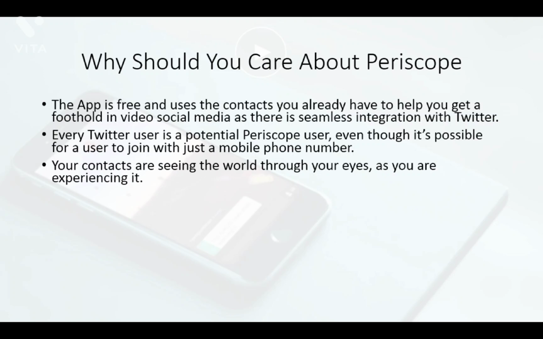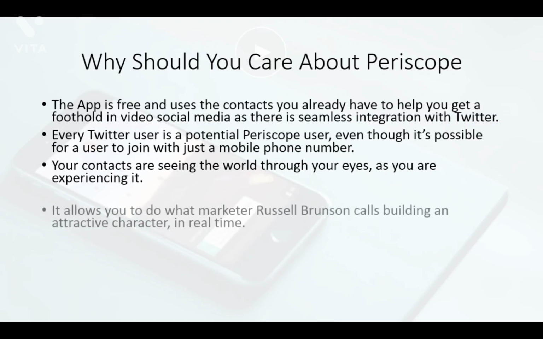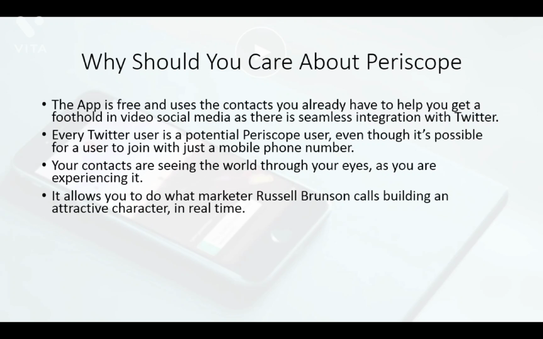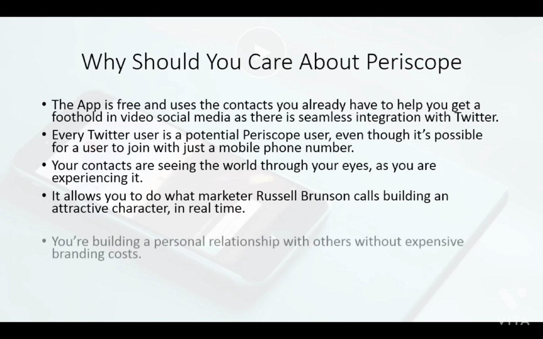Of course, they'll be able to see a recording, but those who connect with you live can see the world as you're seeing it. It really allows what marketer Russell Brunson calls building an attractive character in real time. So in other words, people are going to become familiar with your life as you're experiencing it, not as you email it to them, not as you tell them about it. They'll be able to see it as you really are.